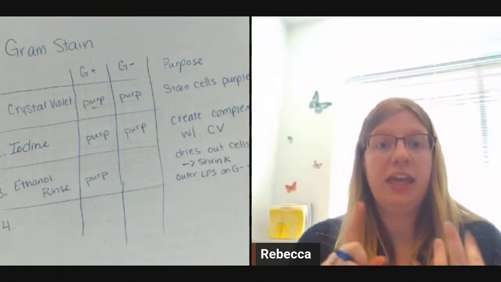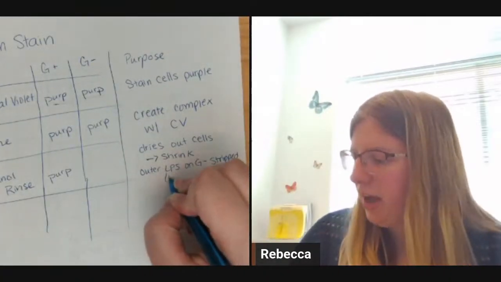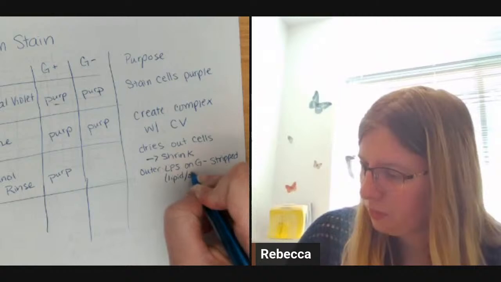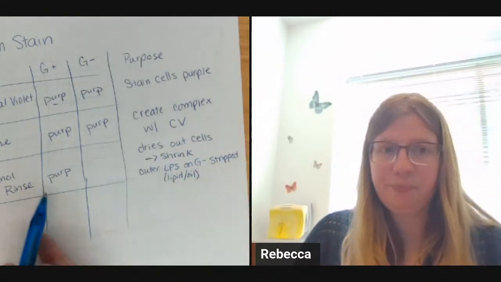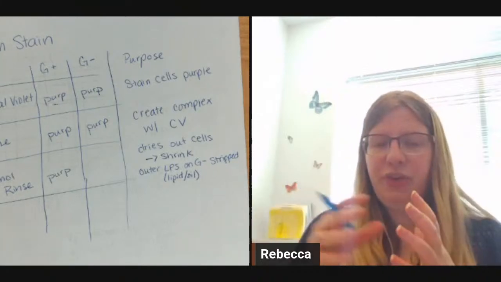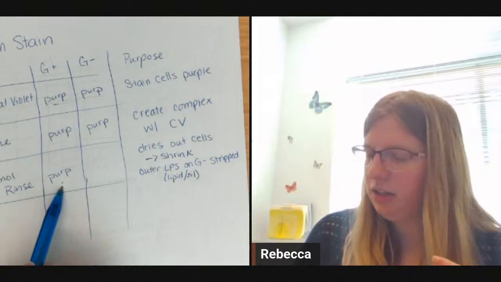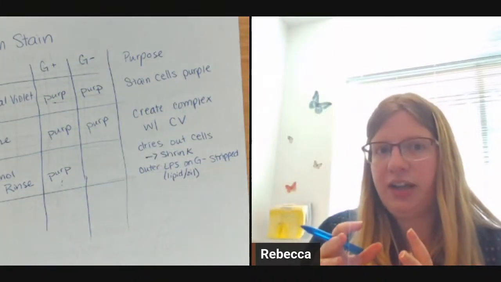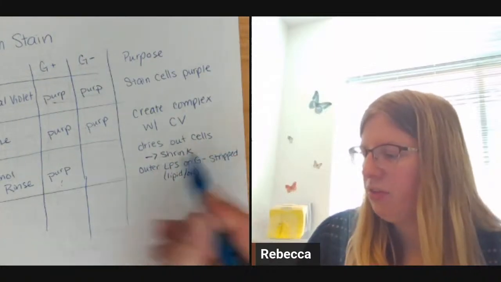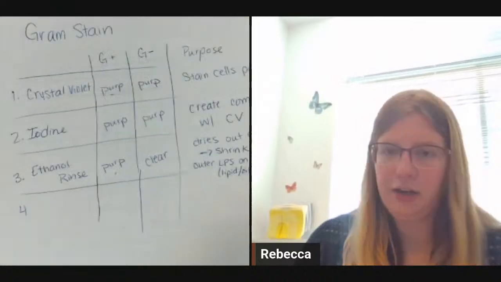When we use hand sanitizer, they get dried out, which means our cells shrink, but it also strips away those oils. So that outer LPS, a lipid or oil layer you can think of, on gram-negative is stripped away. When we shrink, this crystal violet complex, a larger molecule, gets trapped inside the shrunken peptidoglycan layer of gram-positive, whereas everything in gram-negative will be rinsed away and become clear.